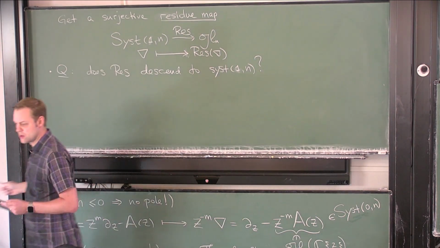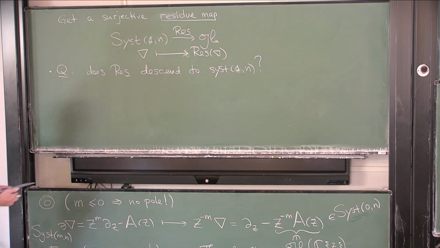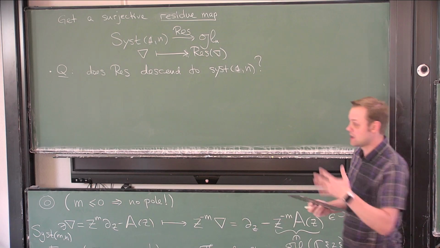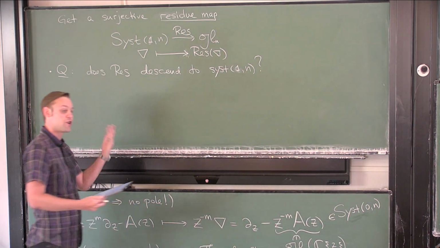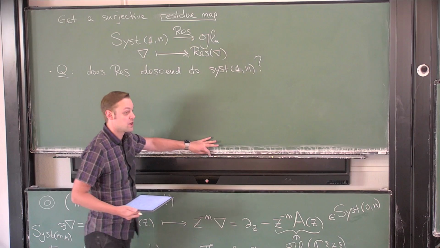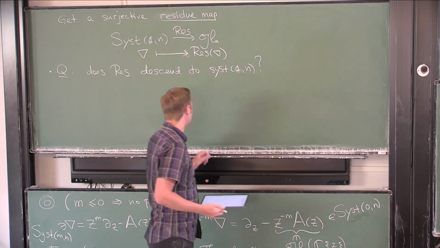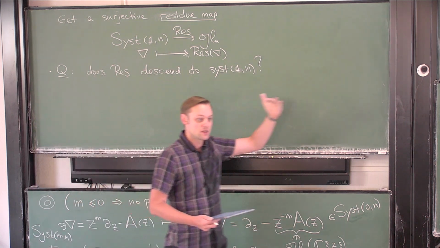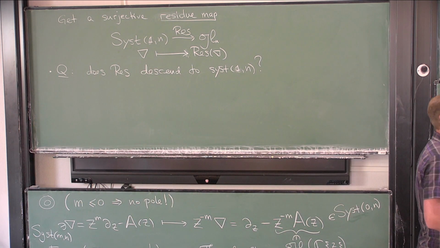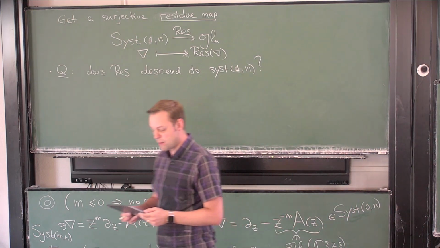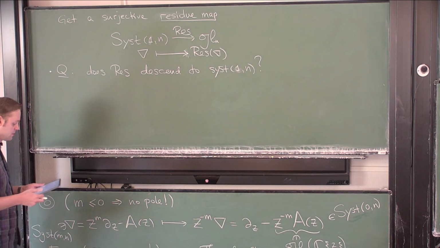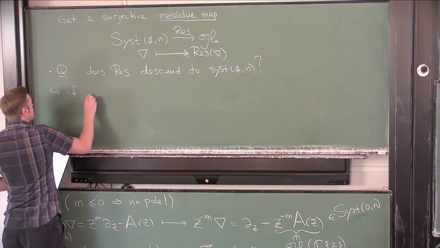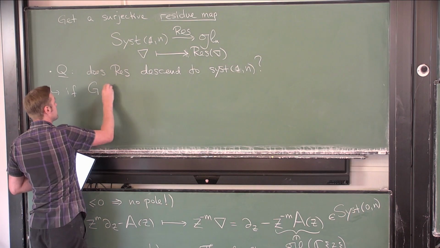Whenever you're studying moduli spaces as quotients by some kind of symmetries, and you define a map which extracts some useful quantity for your analysis, this is always a question you need to ask. Does this map descend down to the moduli space? How does my map interact with the symmetries? So let's test this. Suppose I have a gauge transformation.